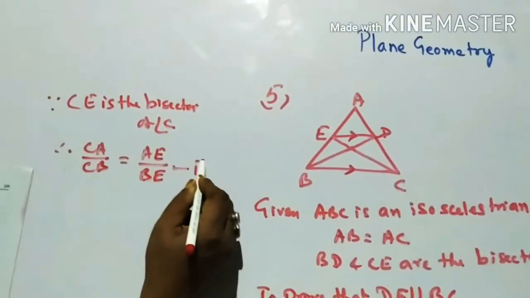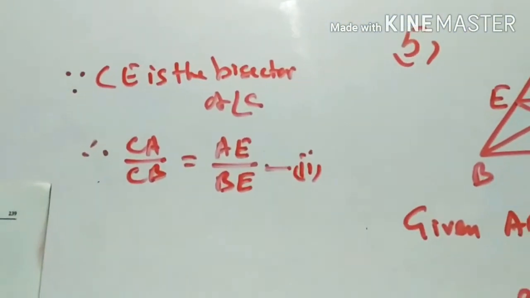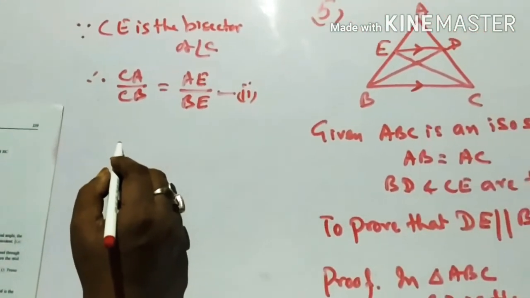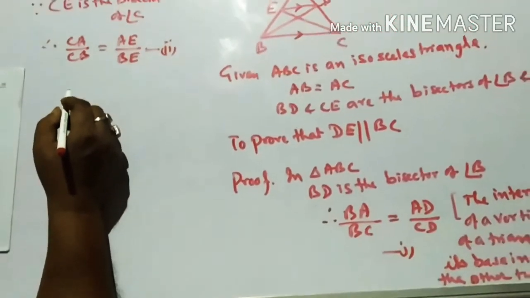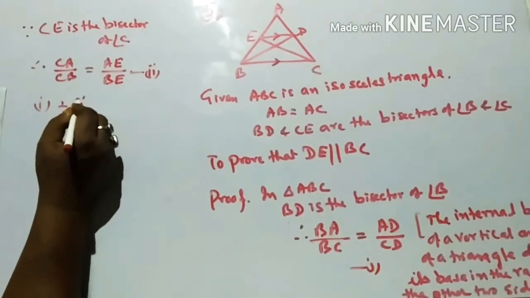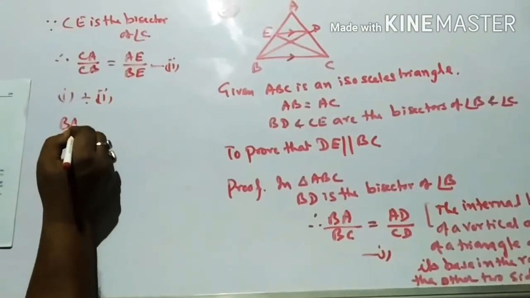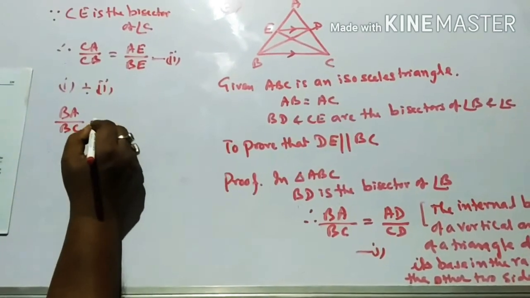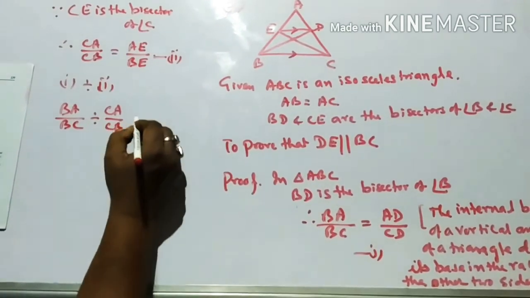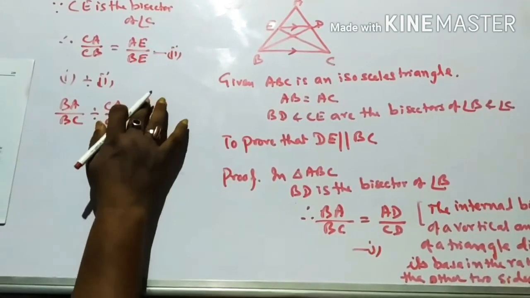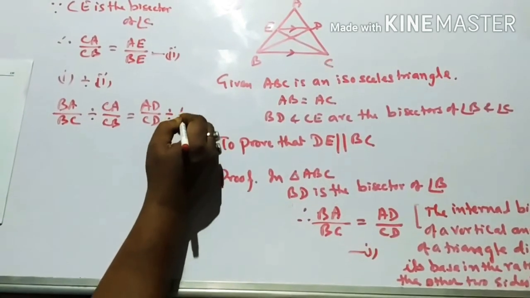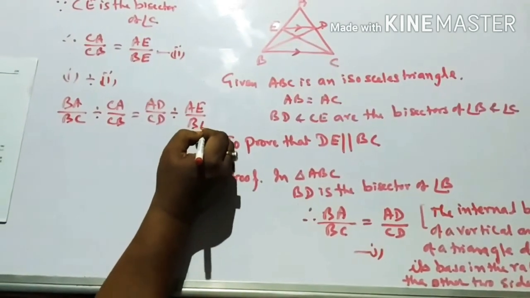This is equation 2. Now what I am going to do is divide these two, 1 divided by 2. So BA by BC divided by CA by CB is equal to AD by CD divided by AE by BE.